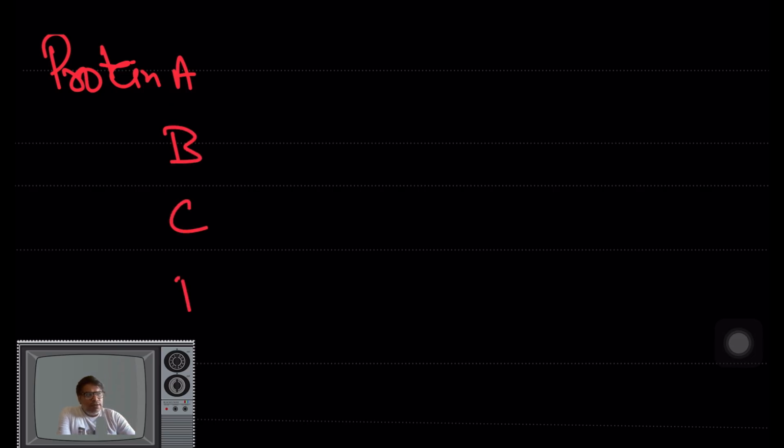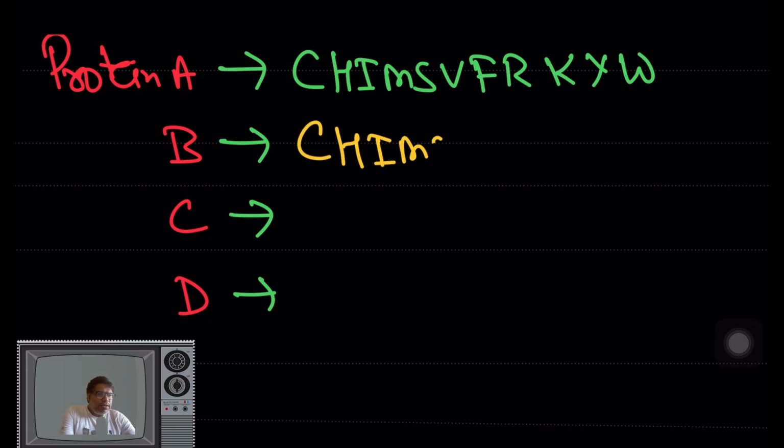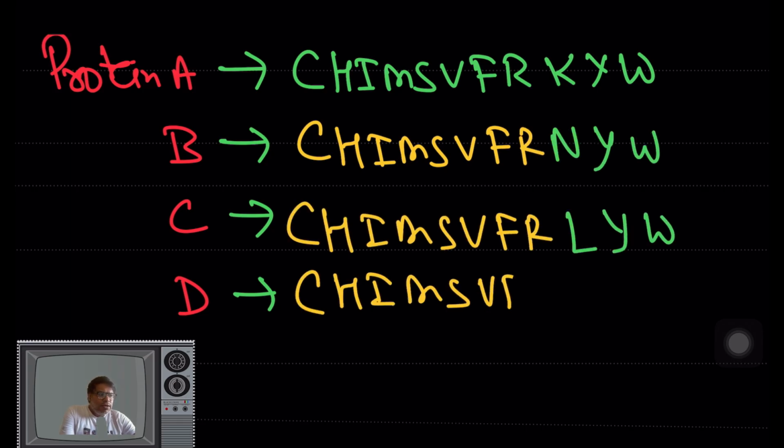Let's take one example. Let's suppose you have proteins A, B, C, D, and all these proteins have different sequences, and here you have represented the sequences using the single letter code.